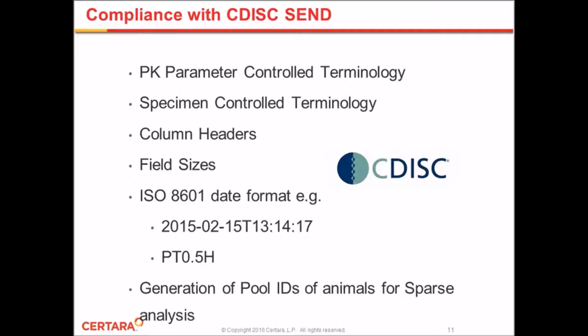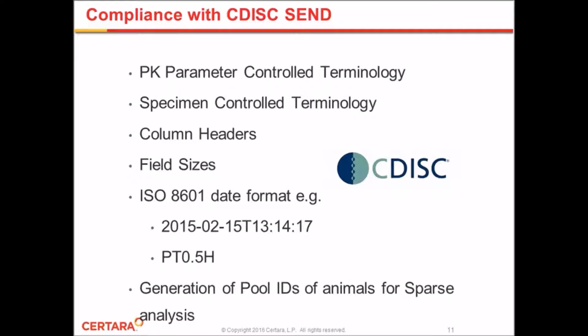There's a specific format to the time and date, and there's a separator to say where the date ends and the time begins. The second example is a duration or an interval. Again, this is showing a half-hour duration or interval. All dates and times need to be provided in this particular format.